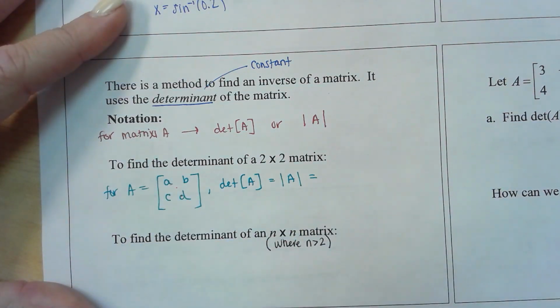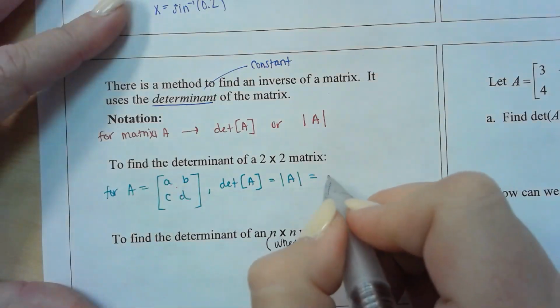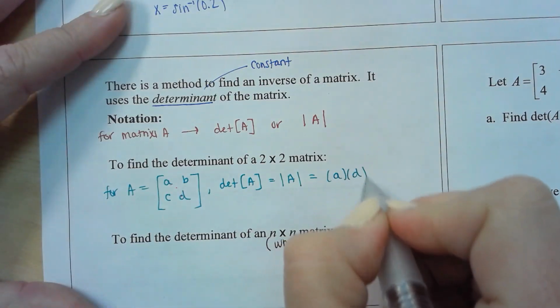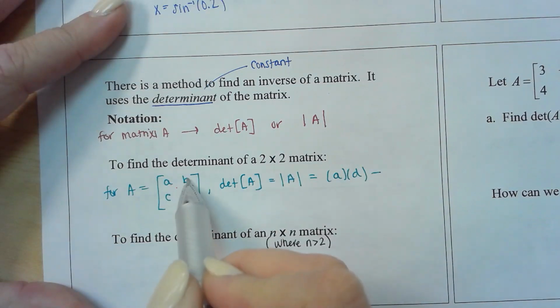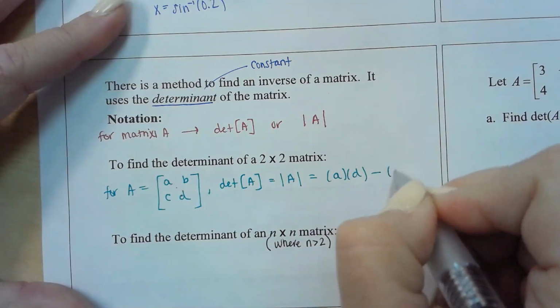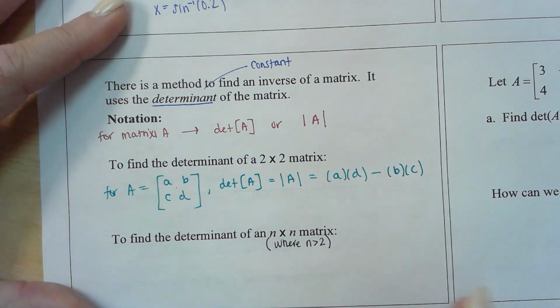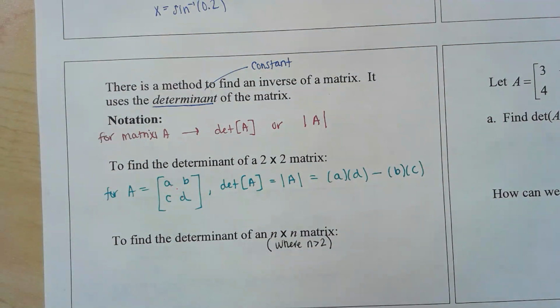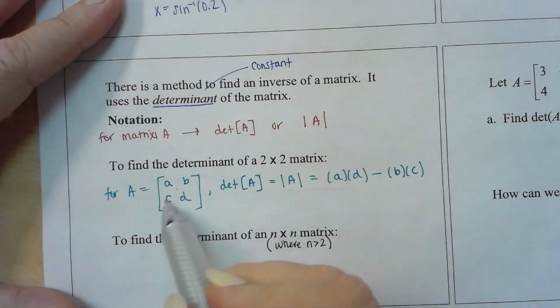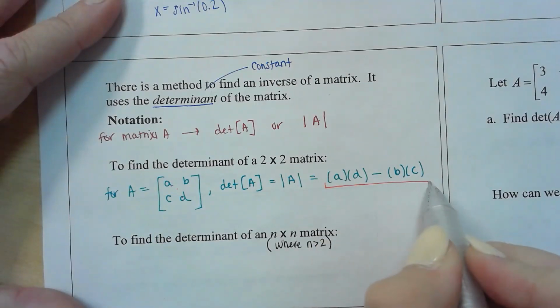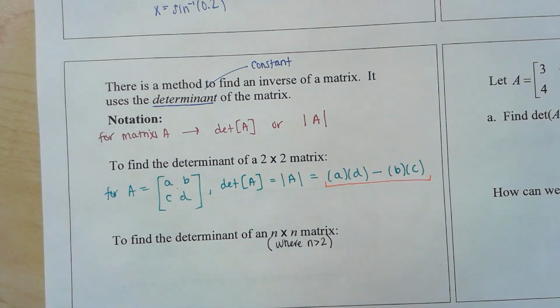So we're going to multiply a times d, and then we subtract your other diagonal. Order matters because of subtraction. So you do the main diagonal coming down, and then you subtract the other diagonal. So this is how we calculate the determinant.